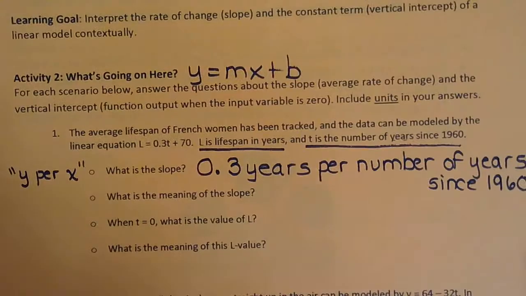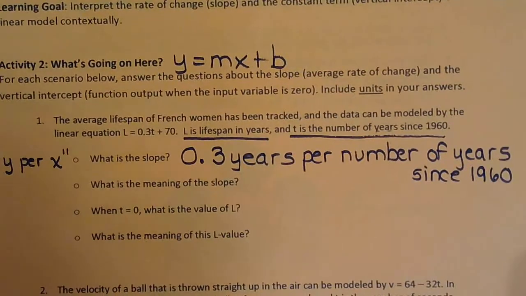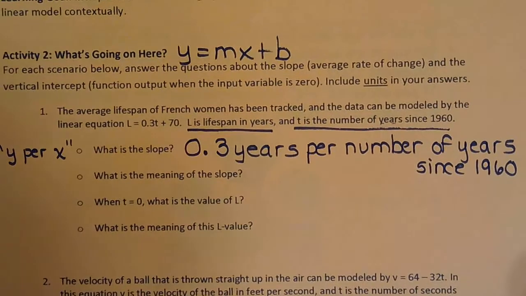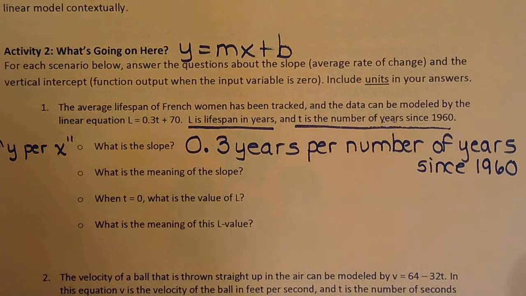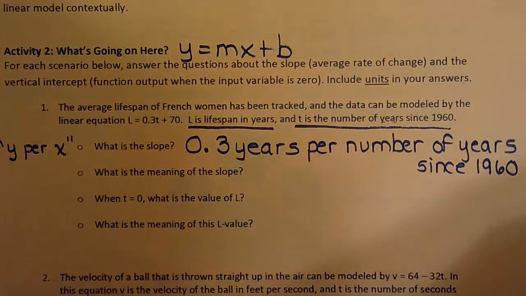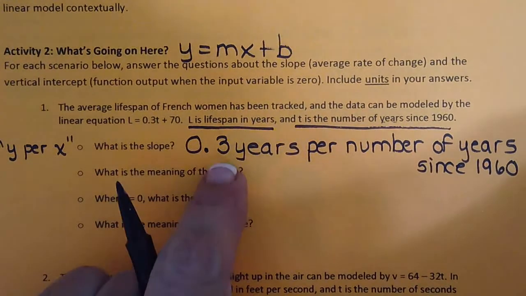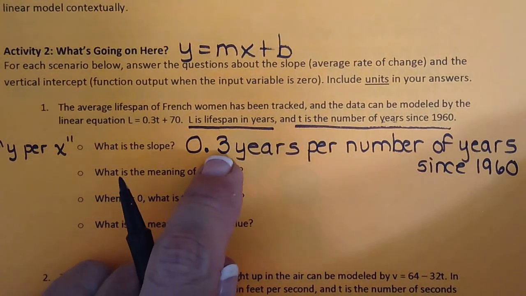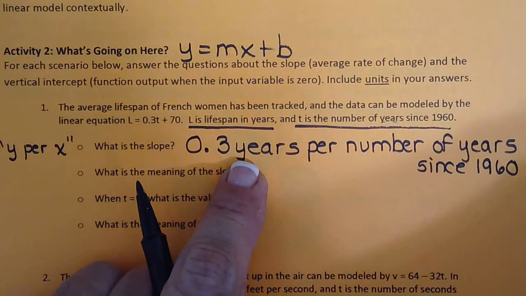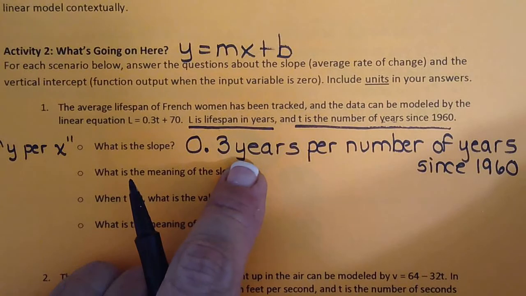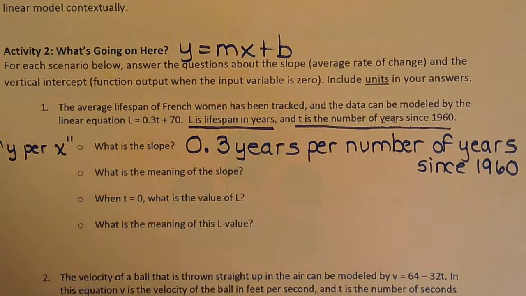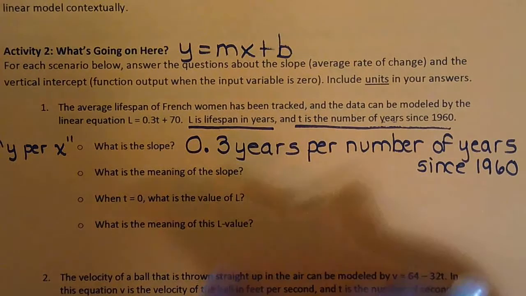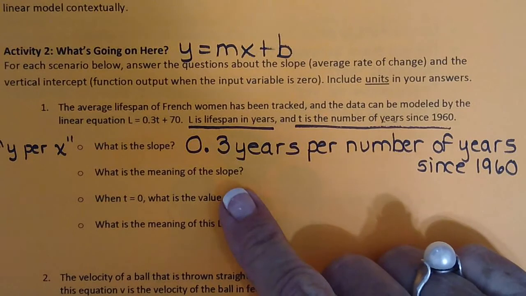A lot of students go, what? That doesn't make sense. Well, the slope is positive, so that means their lifespan is increasing by 0.3 years per number of years since 1960. I know it's kind of a weird little thing. So what is the meaning of slope?